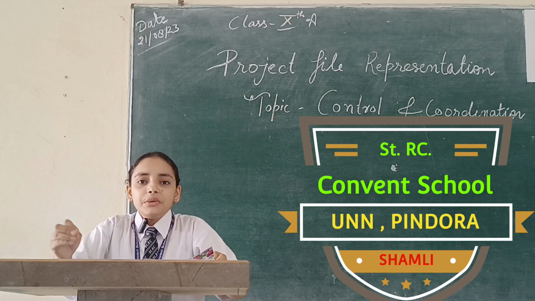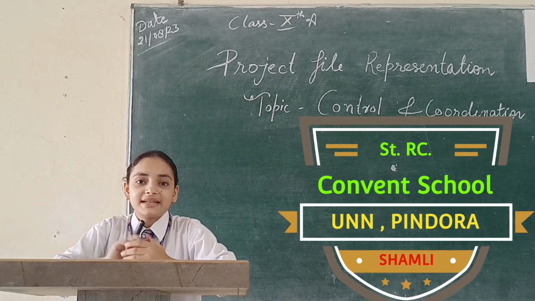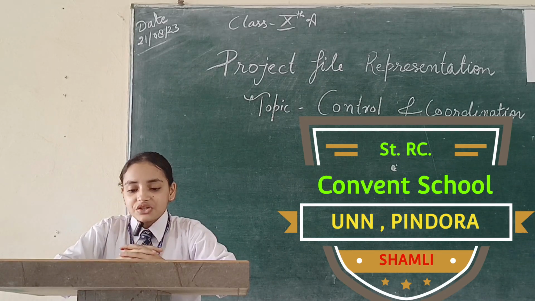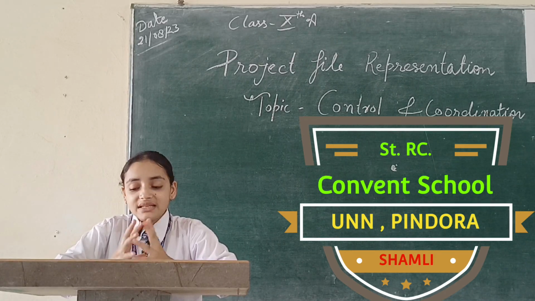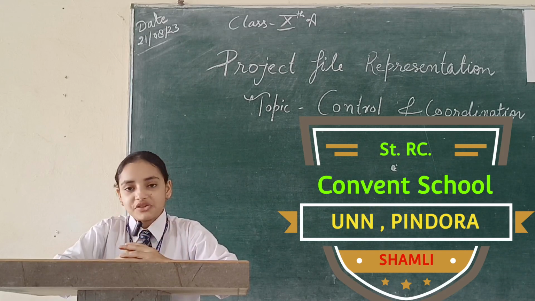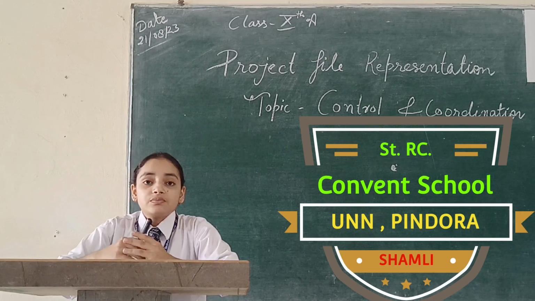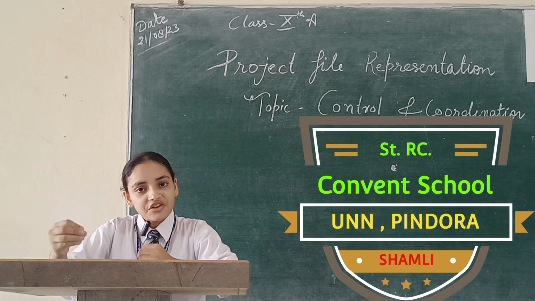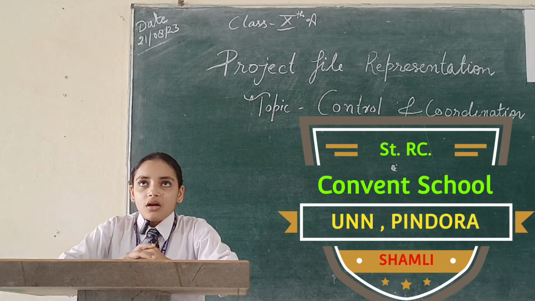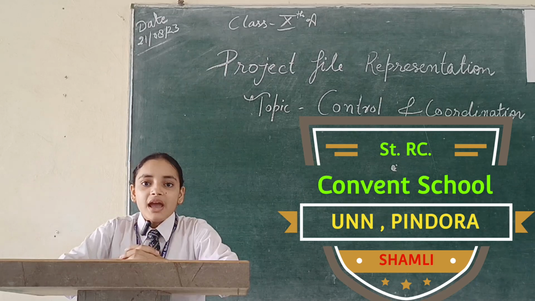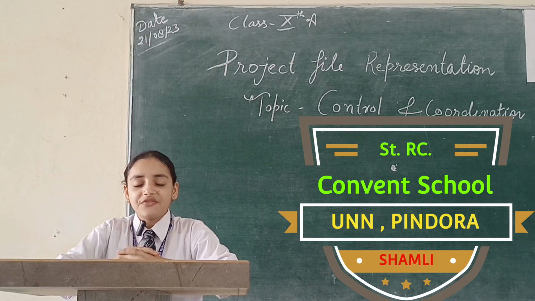Now, a very important part of control and coordination is reflex action. In biology, a reflex action is an involuntary, unplanned action, a nearly instantaneous response to a stimulus. Our sudden response to a stimulus is a reflex action. For example, a bus is arriving very fast towards a boy and he runs away quickly.